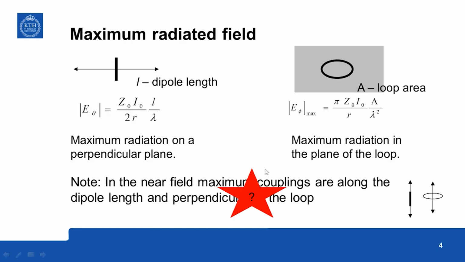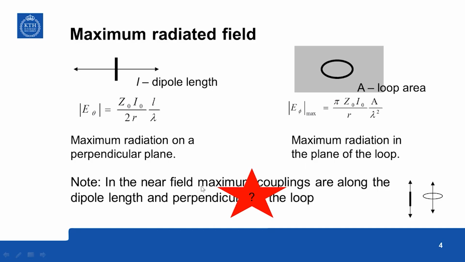Previously, we have seen that we can find the maximum radiated field from an electric dipole and a magnetic loop, and maximum radiation is on a plane perpendicular to the dipole, and here the maximum radiation for a loop is in the plane of the loop.